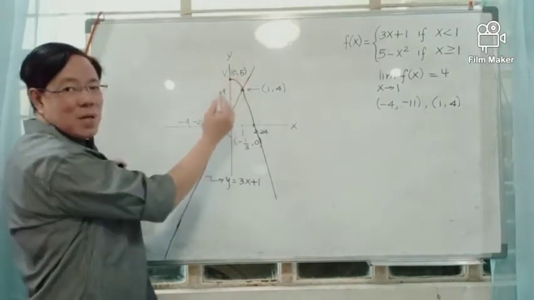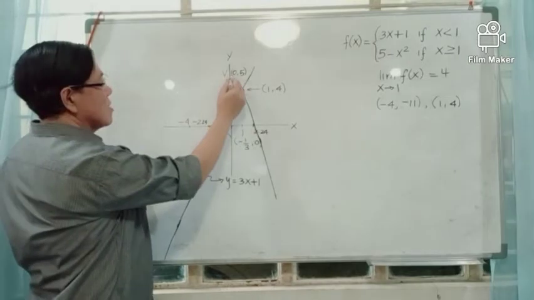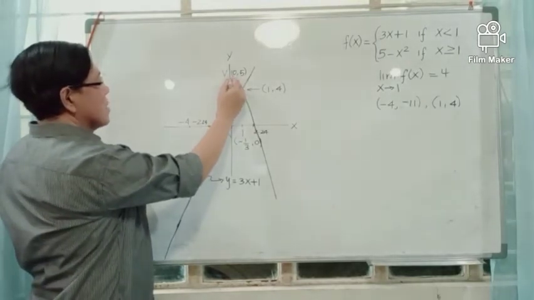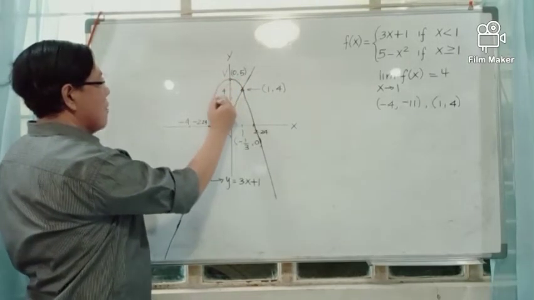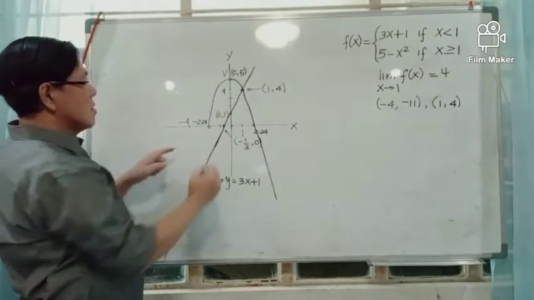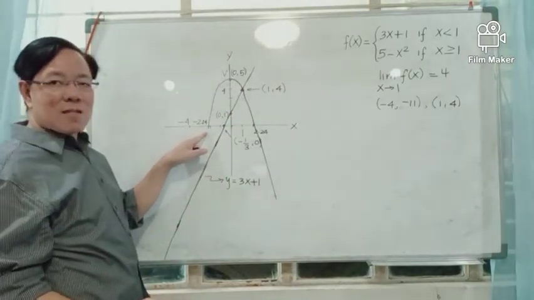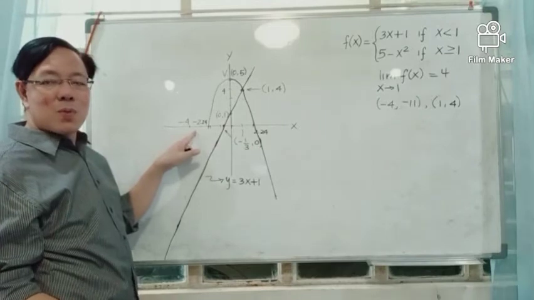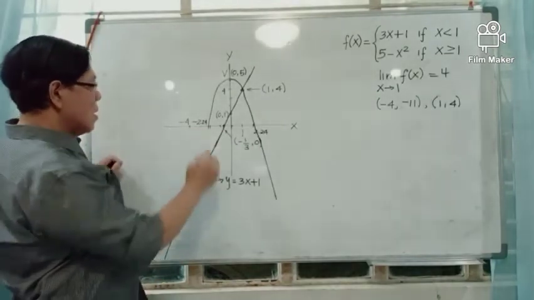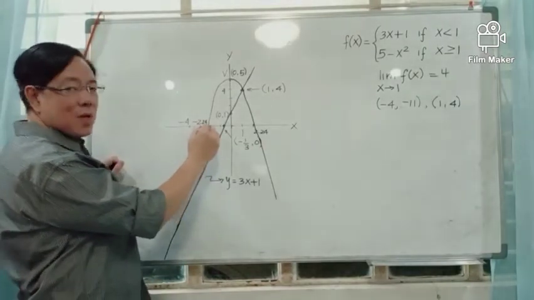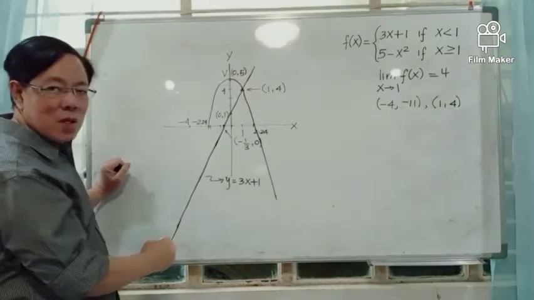So we draw this part of the parabola to the left of the y-axis, passing through this point on the x-axis at x equals negative 2.24. And from this point on the x-axis, the parabola will continue to go downward.